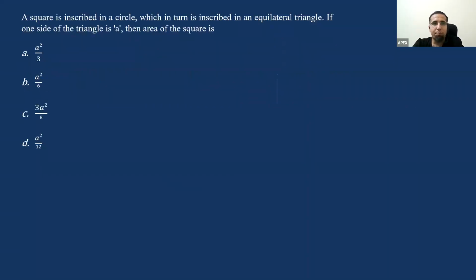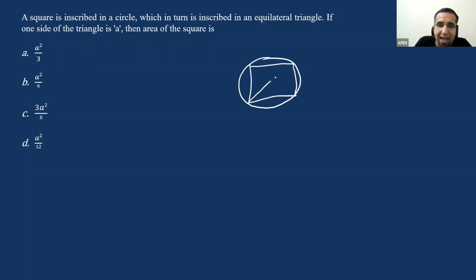Clear? Now, people who have done triangles or circles, it is a very easy question. A square is inscribed in a circle. So in a circle, if I inscribe a square, then please understand that the diameter of the circle is equal to the diagonal of the square. Clear?